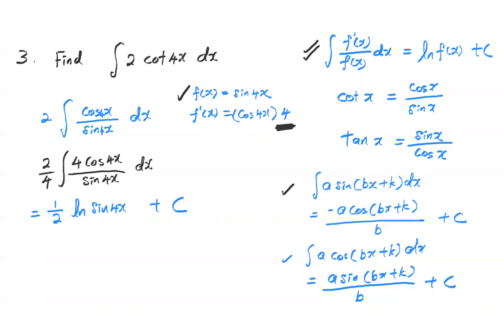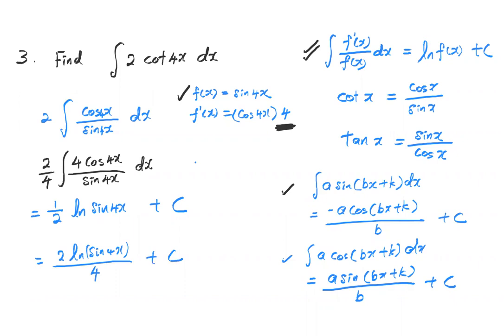Are you clear? If you don't want to do what I do here, when you integrate, you can just straight away write down like that: 2 ln sin 4x, then here you divide by 4. Also can. You can do that.